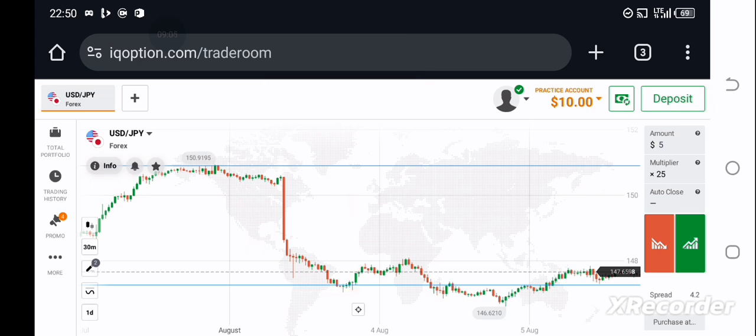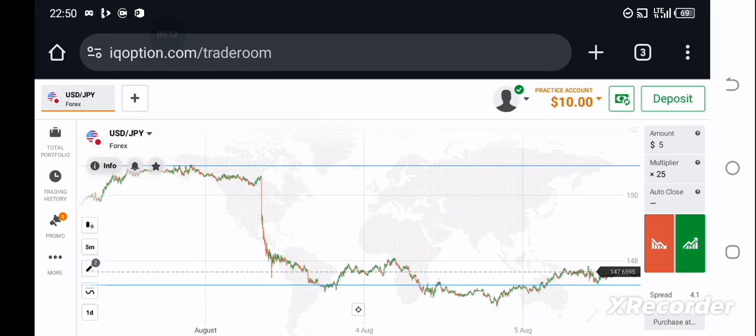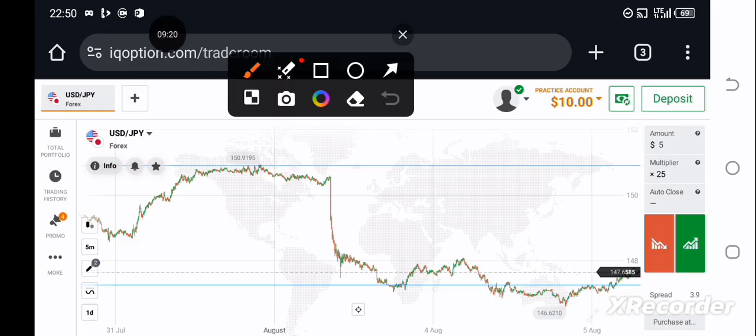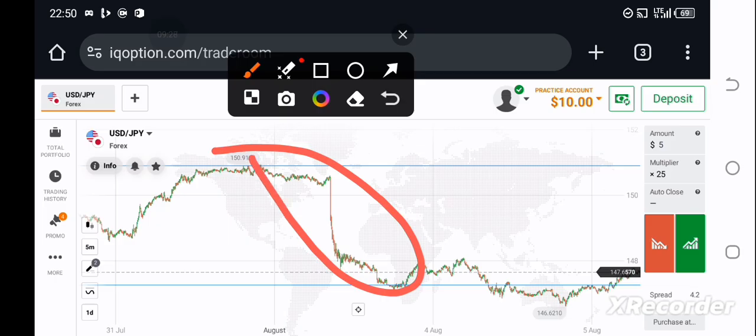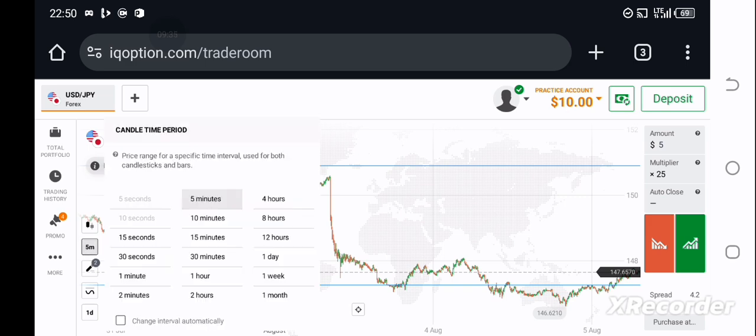So let's see for 5 minutes. Where is it? 5 minutes. You can see the massive move. Let me show you. You can see, this is the same candlestick on the daily chart. Now let's go to 1 minute candlestick, which is the final one.